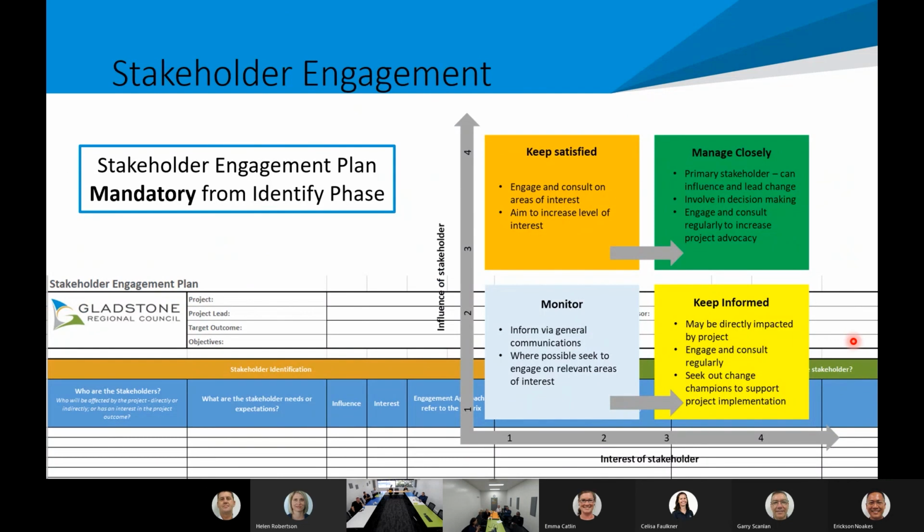Okay, stakeholder engagement. This is an area that came up in every single bit of stakeholder engagement I did in this project, when you looked at root causes of people's pain points, this was fundamental to a lot of them.